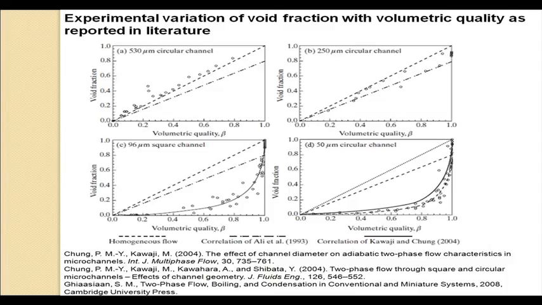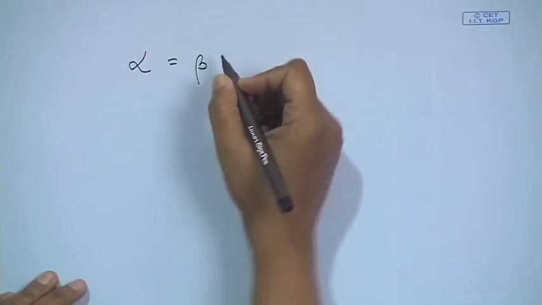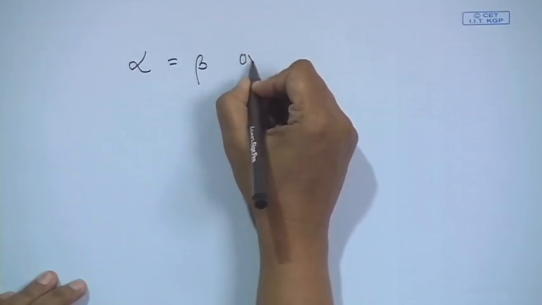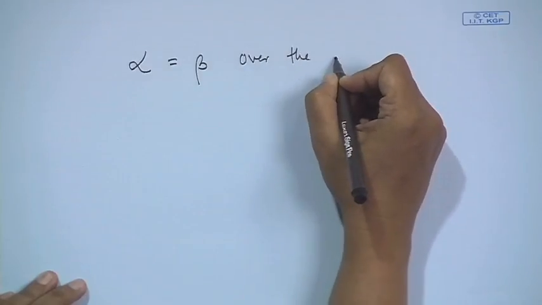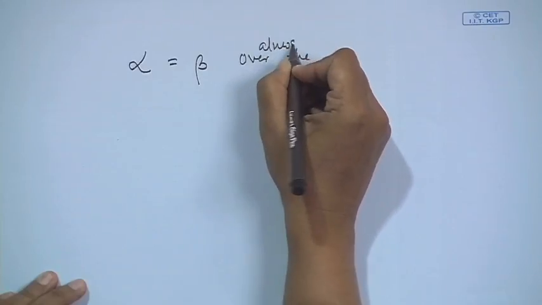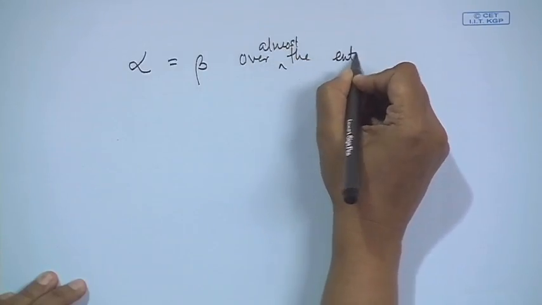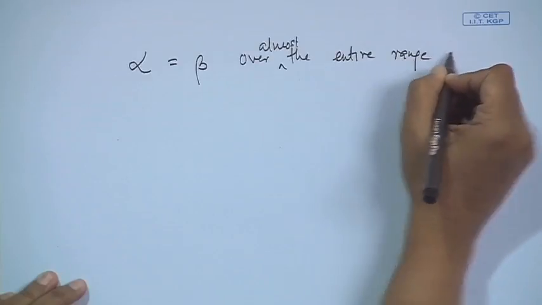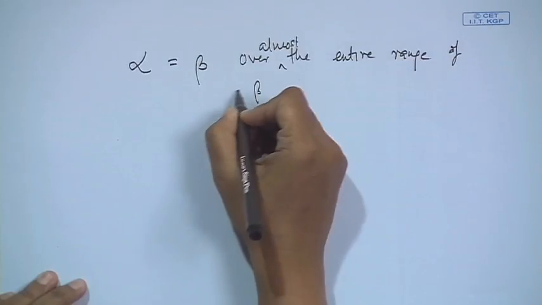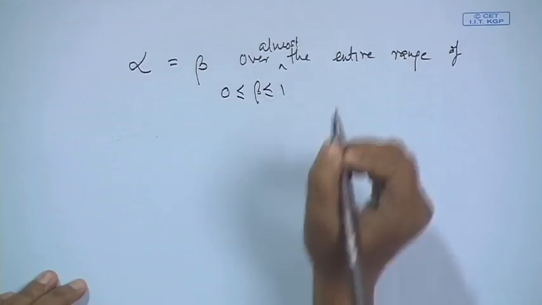Now, if you observe this particular part, for the larger channel, all the experimental data lie on the 45 degrees line, which shows that for comparatively larger channels, alpha equals beta over almost the entire range of beta ranging from 0 to 1.